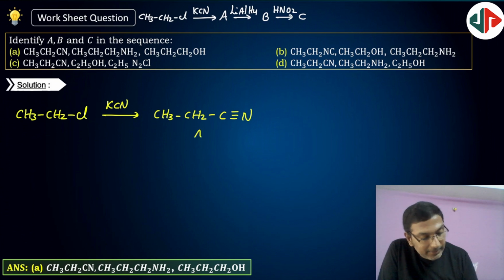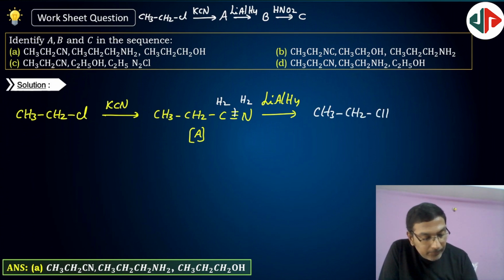Say this is compound A, which on LiAlH4 reduction breaks two bonds and adds H2. So this gives CH3CH2CH2NH2, which is a primary amine, and that is B.